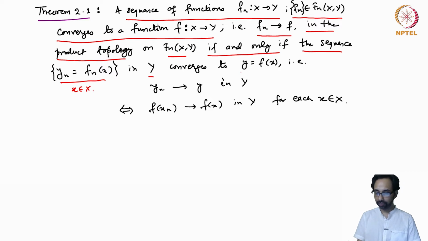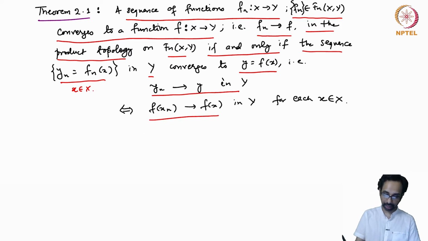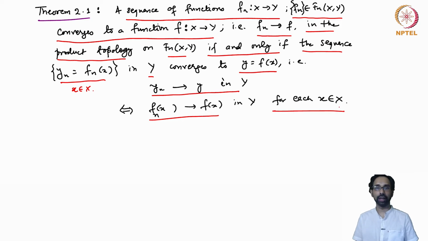And this sequence converges to y, which is f(x). So in the notation for the convergence of sequences, we have y_n converges to y in the topology of Y, which is the same as saying that f_n(x) converges to f(x) in Y, and this should be for each x in X.